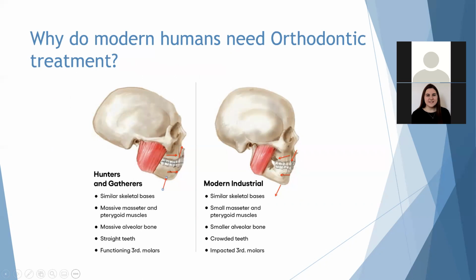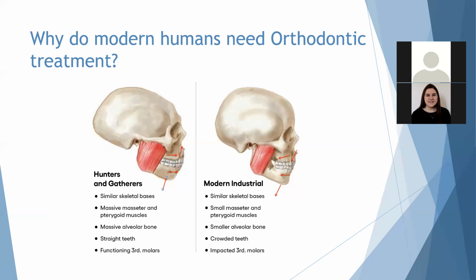between the skulls of hunter-gatherer humans and modern industrial humans, which are us. So you can see that they have similar skeletal bases, but the masseter in the hunter-gatherer skull is so much bigger than the one of the modern human. And also the pterygoid muscle is much, much bigger.